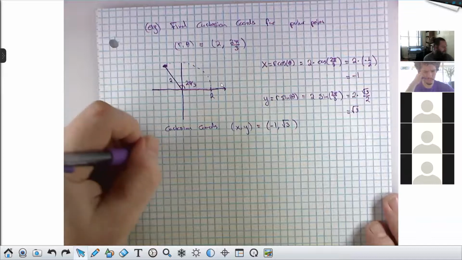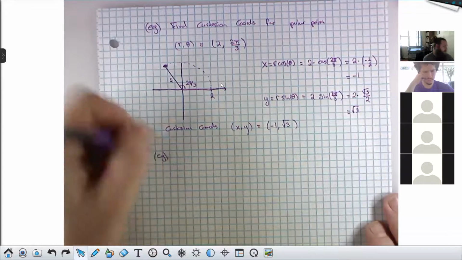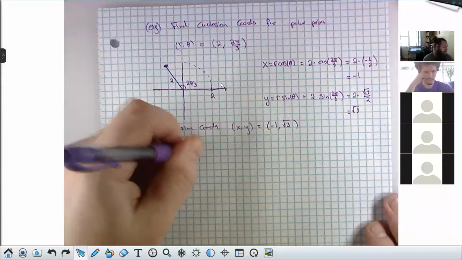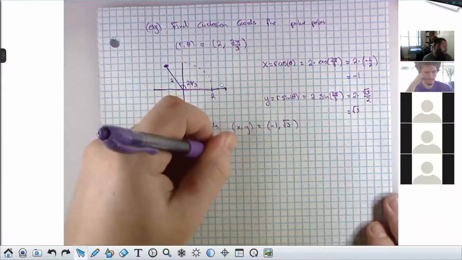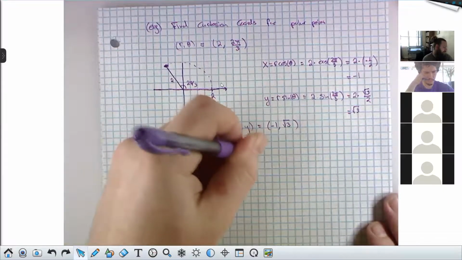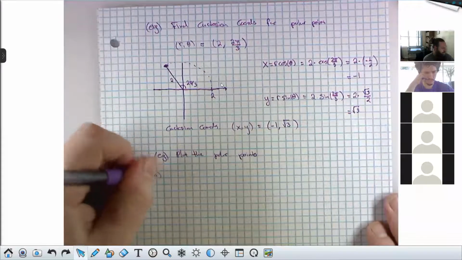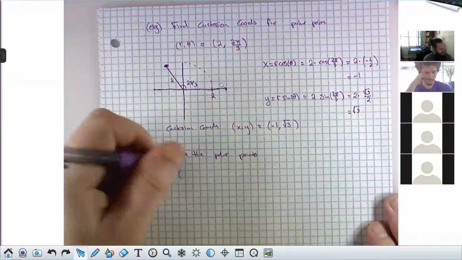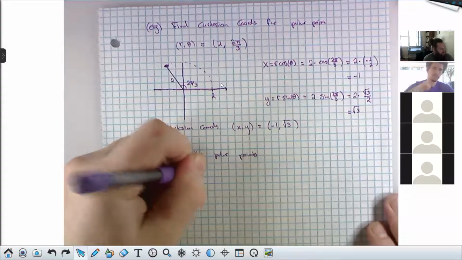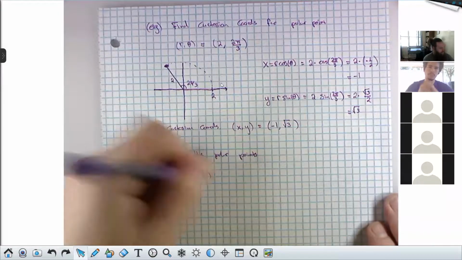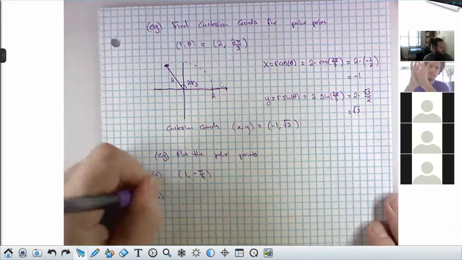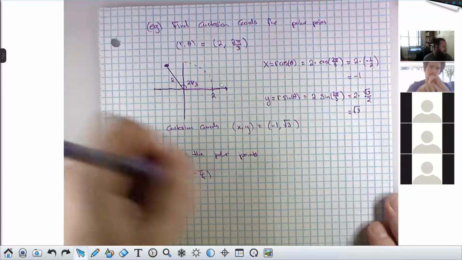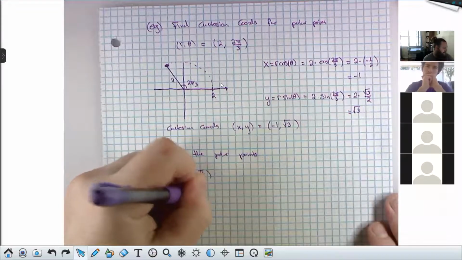So just for fun, I want to plot the polar points. I'll give a few of them. Plot the polar points. We'll do 1 comma negative pi over 4. We'll do 2 comma pi.